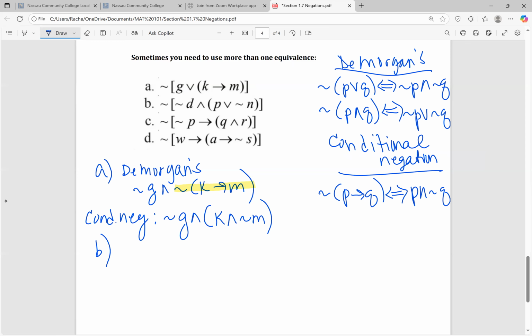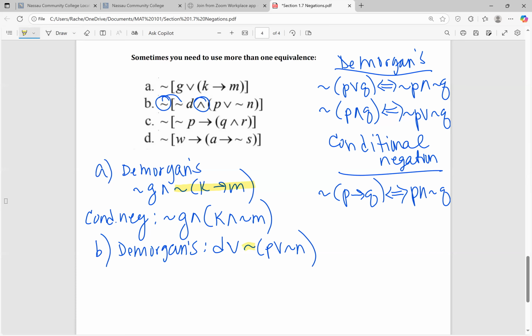So let's look at B. We're negating a conjunction, an and statement. That's the big picture here, right? We're negating an and statement. So that's going to be De Morgan's. So with De Morgan's, we're going to have a not D, which is going to be D, and then and becomes or, and we're going to have not P or not N. So we're negating the right-hand side, right? Not P or not N. But look what we have.